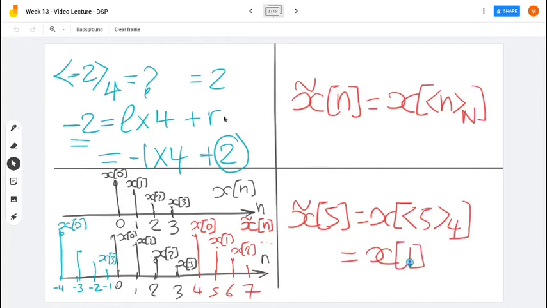So as you can see, at instant 5 actually we have x of 1, which is correct. So if I ask you what's x tilde at 15, it will be x of 15 modulo 4. Compute 15 modulo 4 and you get x of 3, and so on. So x tilde of n, the periodic extension of x of n, is equal to x of n modulo N capital.